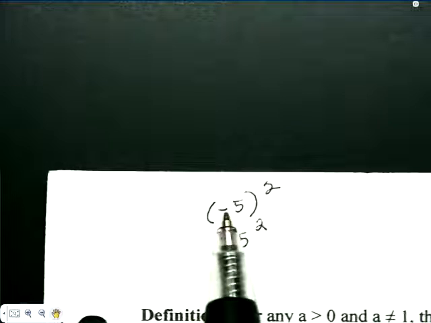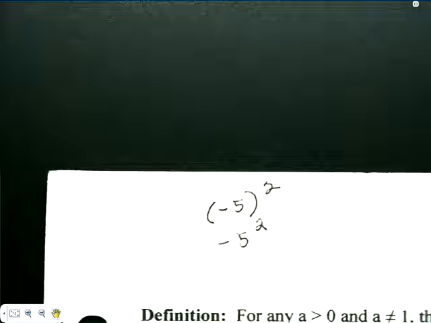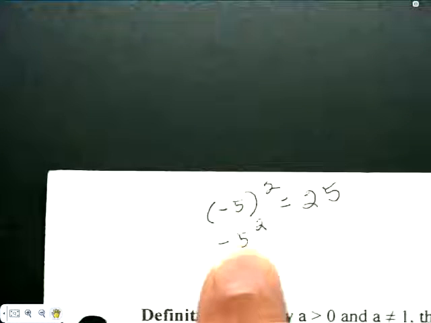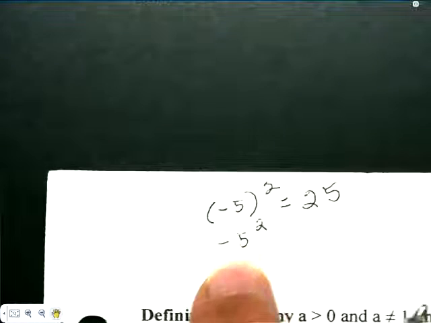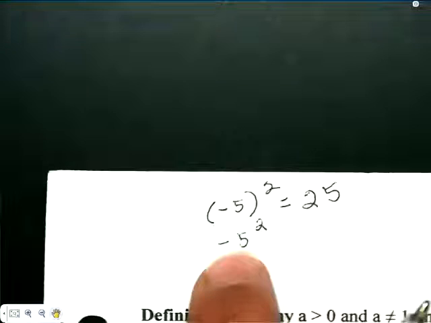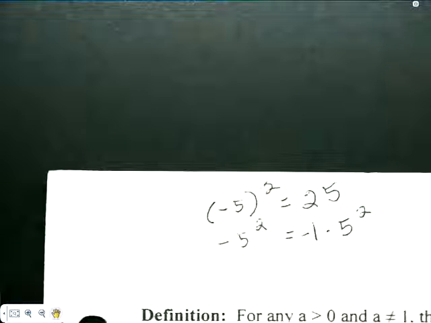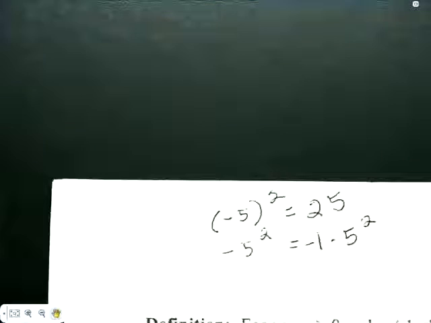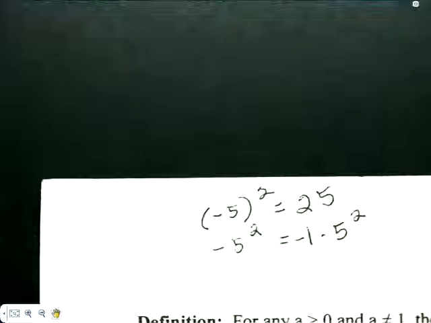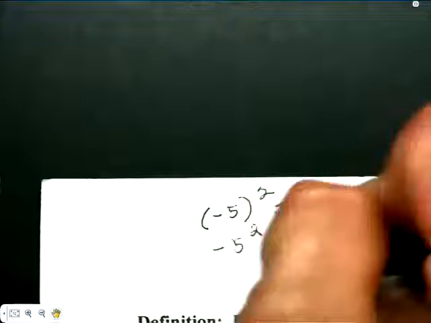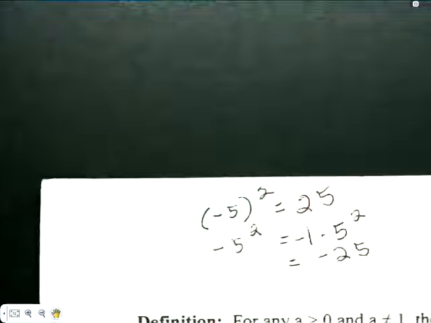This means negative 5 times negative 5, and that is positive 25. But that's not what this means. Without parentheses, the negative is not part of the base. A way that you could write that would help you understand it better is negative 1 times 5 squared. And that's why that answer is negative 25 instead of positive 25.